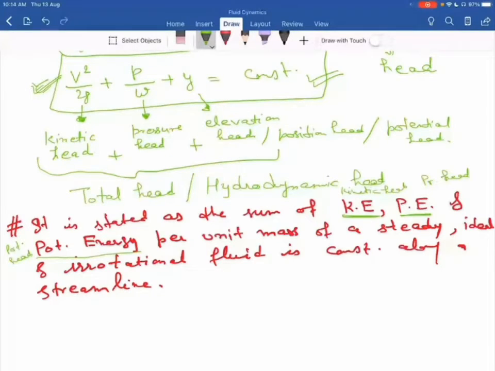So it is stated as the sum of kinetic head, pressure head, and potential head of a steady, ideal, and irrotational fluid is constant along a streamline. Why did we say along a streamline? Because the fluid element we considered must lie on some streamline. So this is Bernoulli's theorem and Bernoulli's equation.